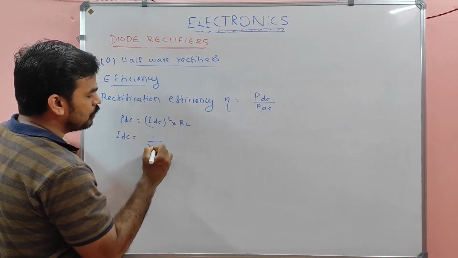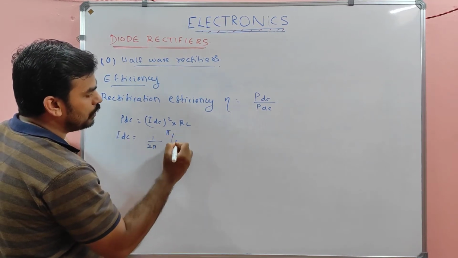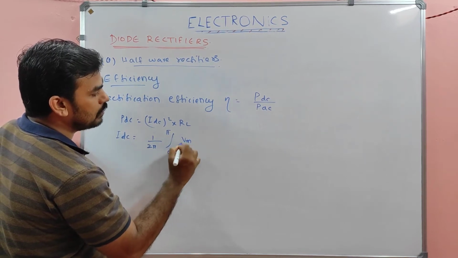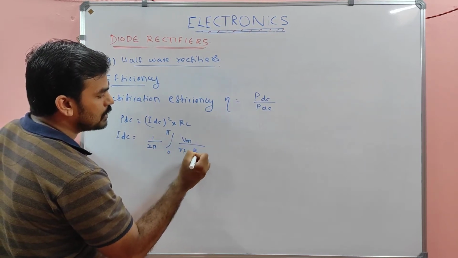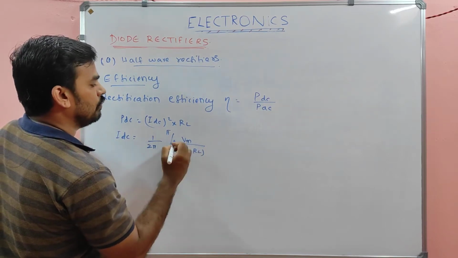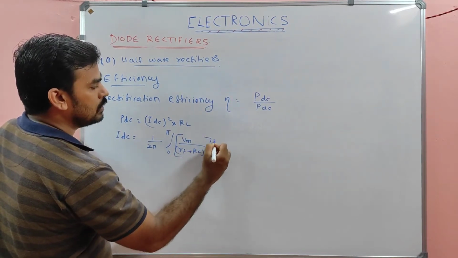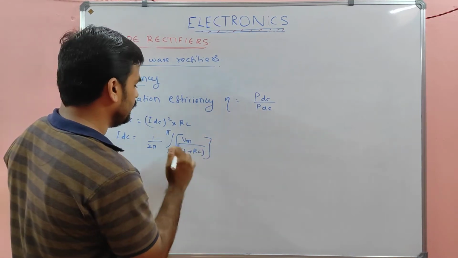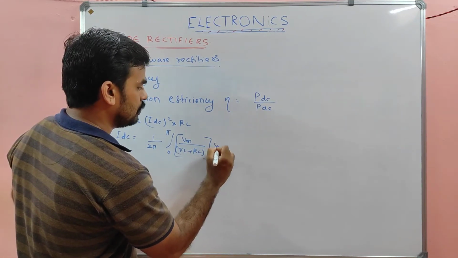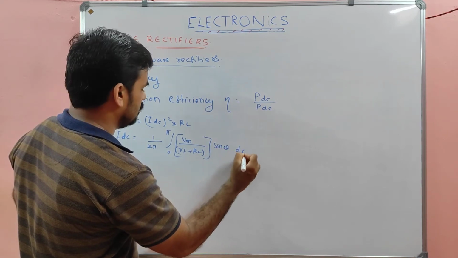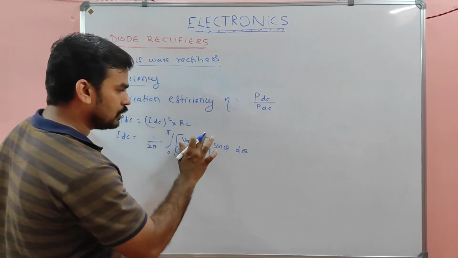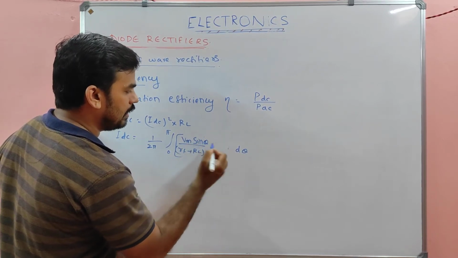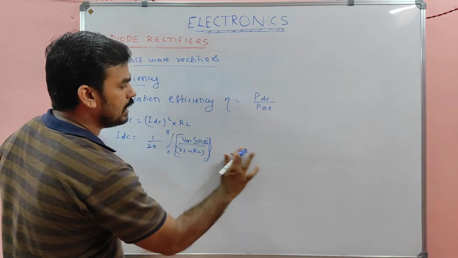It is 1 by 2 pi into the integral from 0 to pi of Vm divided by Rf plus RL, into sin theta d theta. Am I right? Vm sin theta comes here.